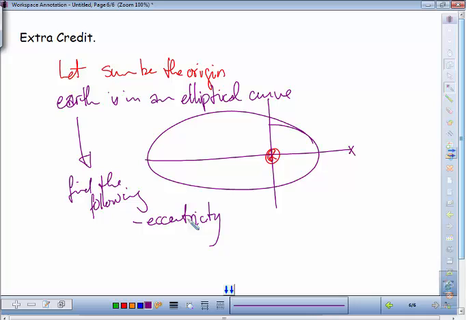So find the eccentricity, and if you do Wolfram Alpha and say eccentricity of the Earth with respect to the sun or something like that, they might give it to you, or you can probably Wikipedia or Google it. Find the eccentricity. Of course, you want to find the distance between the sun and the Earth. And the distance between the Earth and the sun isn't always the same.